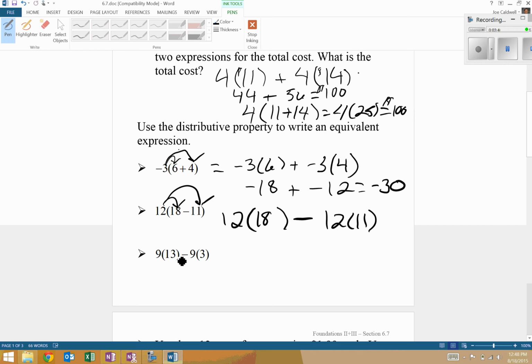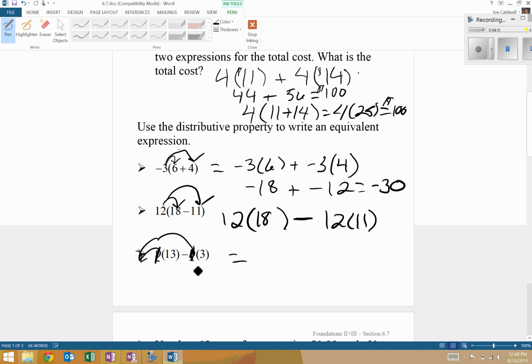So here now we're going to work backwards. What's happening here is we're going to take a common number out. If we can take a common number out, then we're just left with what's remaining. Pretend those aren't there, take them out, and we're just left with 13 minus 3.